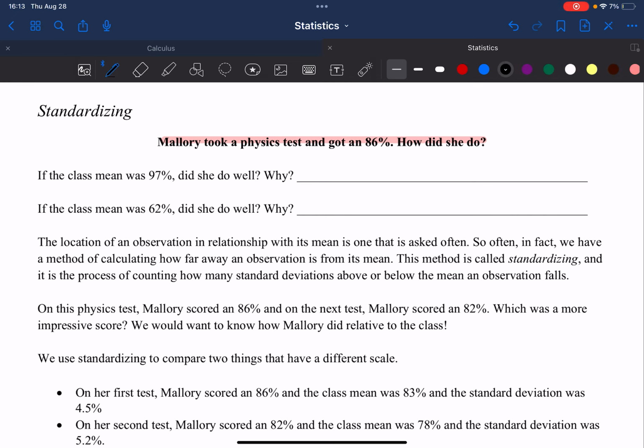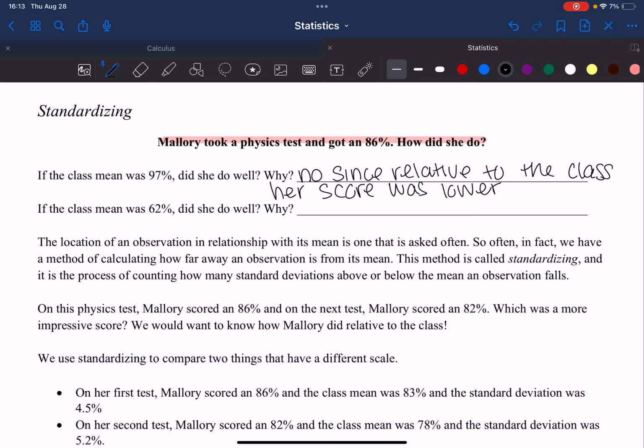Well, we would say no, since relative to the class, her score was lower. So even though an 86 sounds pretty good, compared to the 97% class average, it's not that good.